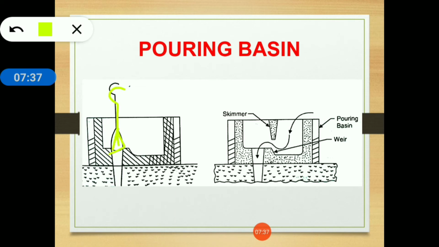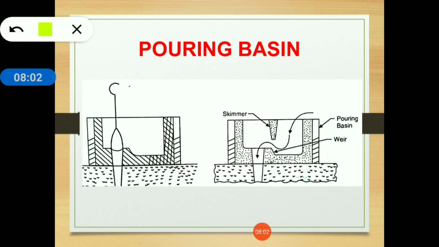After some time, the impurities will settle down in the bottom part of the pouring basin. Then just remove this plug so that the molten metal will enter slowly into the sprue, and pure metal will enter, because some impurity has settled down in the bottom part.